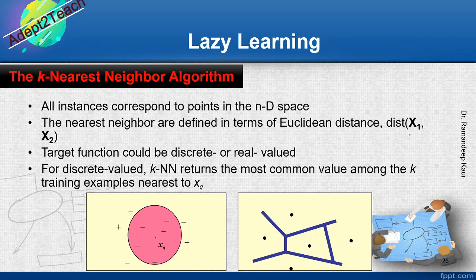How we identify this is we calculate the distance, generally the Euclidean distance, between the neighbors. So if a new entry comes up, we see which neighbor it is nearest to, and we predict the same output for it.